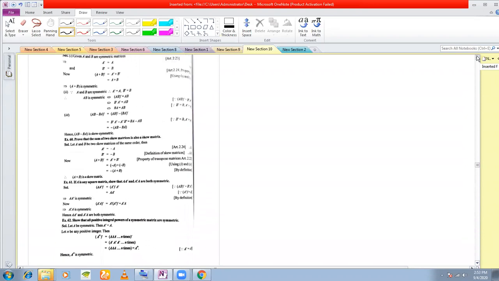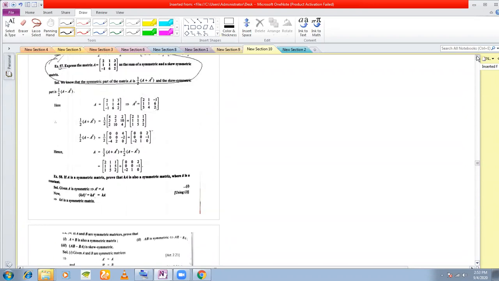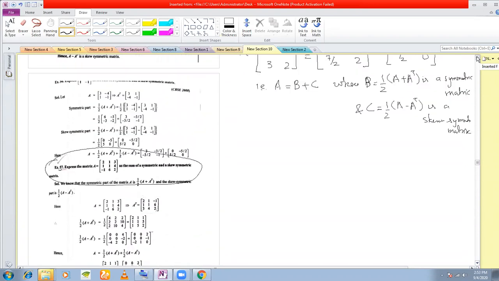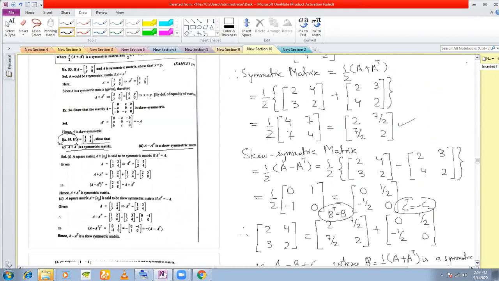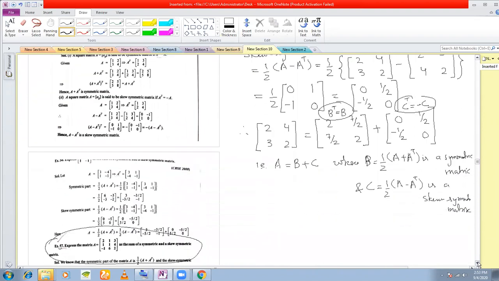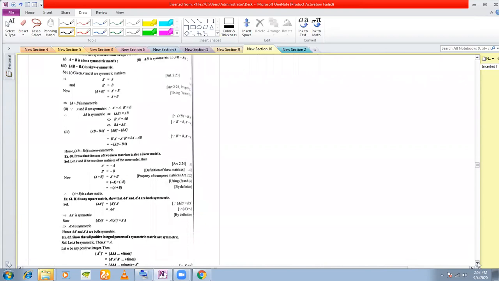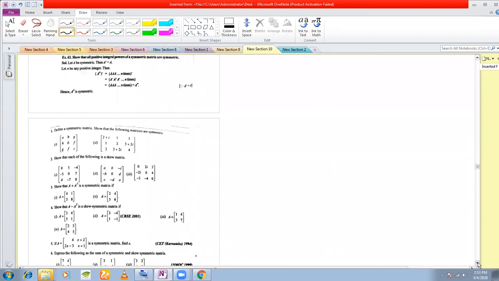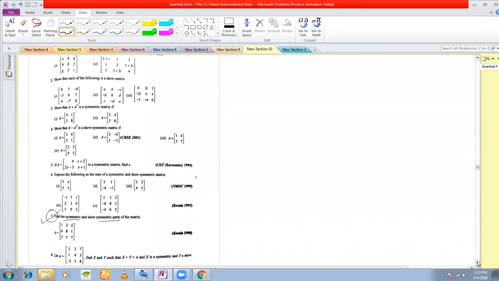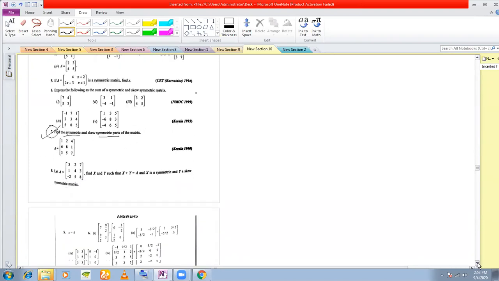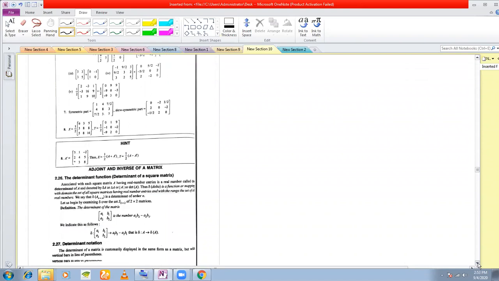But the problem is that they have taken all 2 by 2 matrices for the good problems. I wanted a 3 by 3 matrix. I think there's nothing to be worked out.